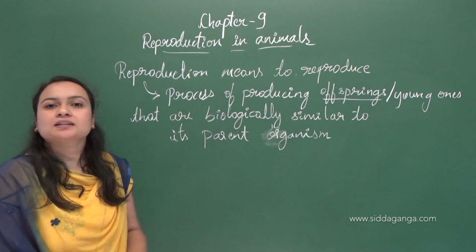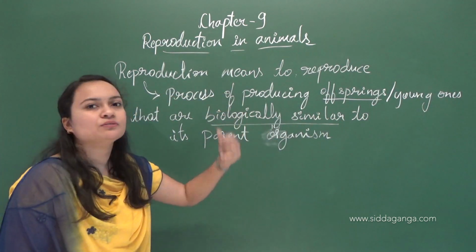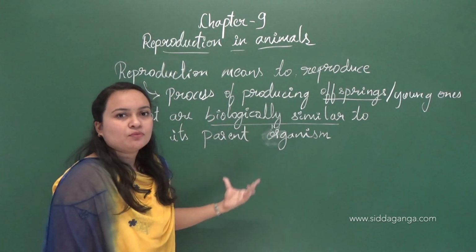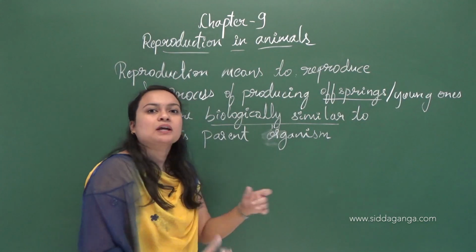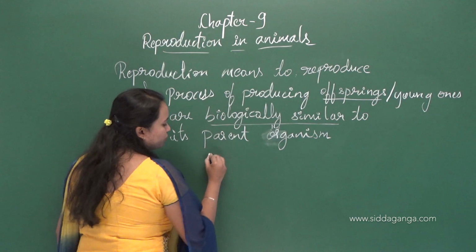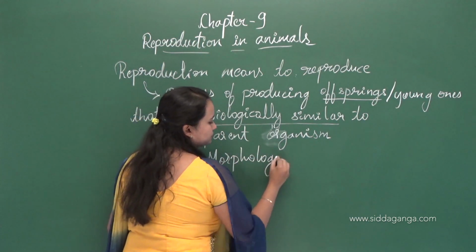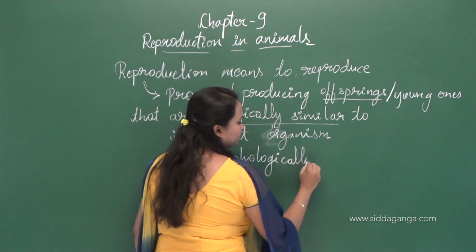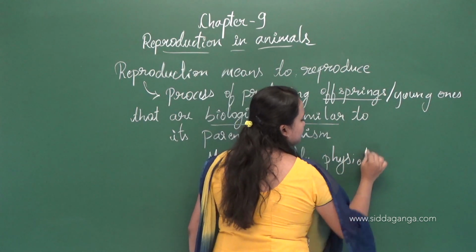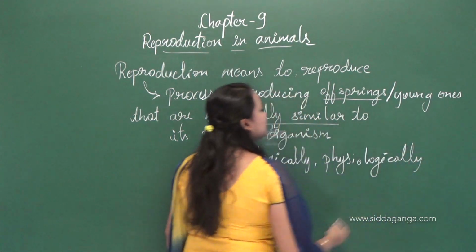So what is the meaning of this biologically similar? It means the organism which is going to reproduce must produce a new individual which is morphologically and physiologically similar.